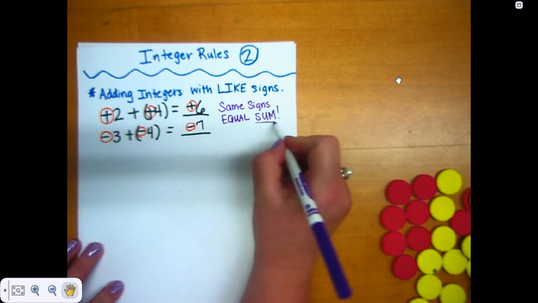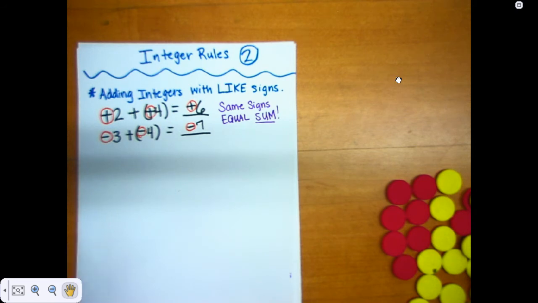Did you notice that I didn't spell sum S-O-M-E? I spelled it S-U-M. Why did I spell it S-U-M? I'm adding. And what is sum when you're adding, Maddie? What does sum mean? What is it? I couldn't hear you, Jason. Sum is the answer to an addition question.